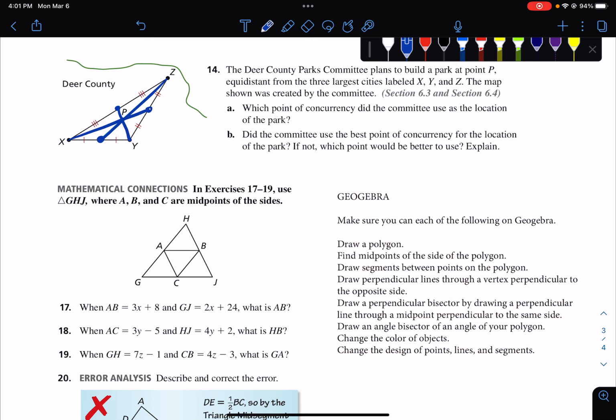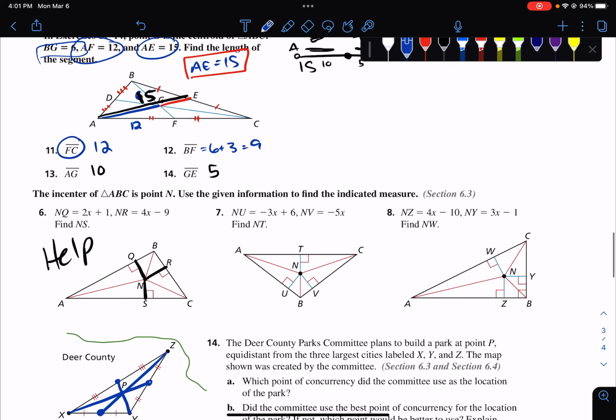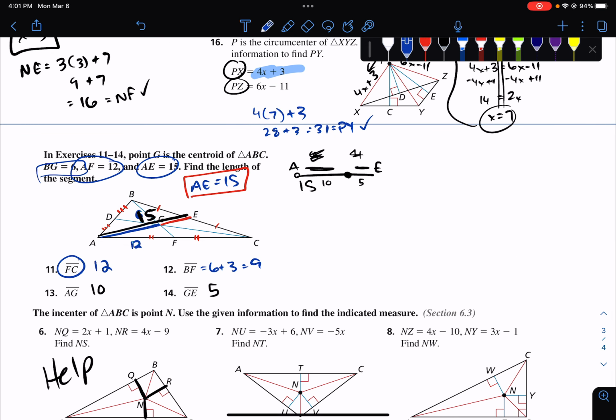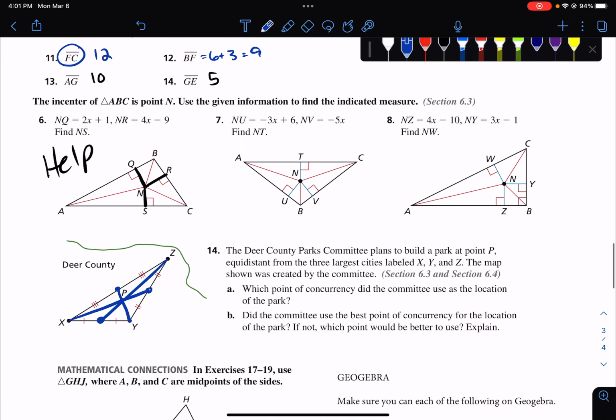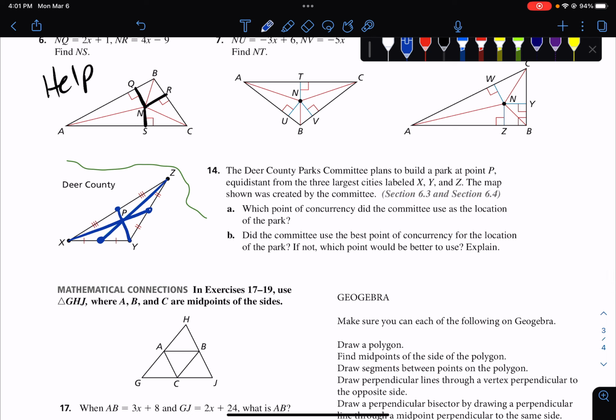So that tells me which point of concurrency this is. In fact, we used it just a minute ago, right? We used it right here on 11 through 14 because the centroid is the point that you find that goes from the midpoints to the corners across from the midpoint.